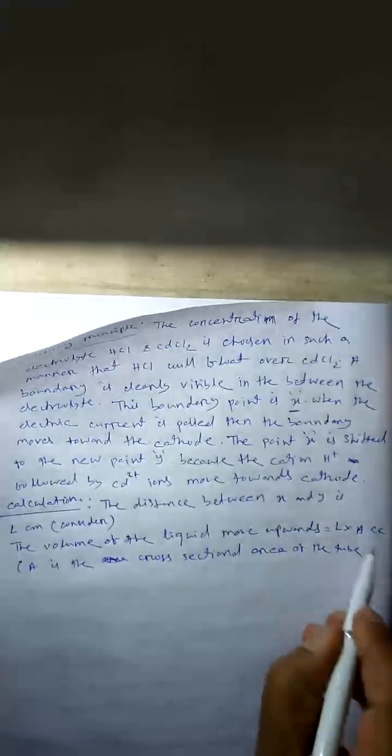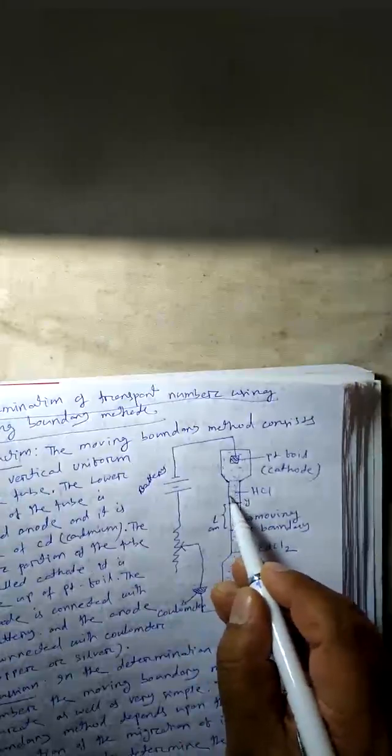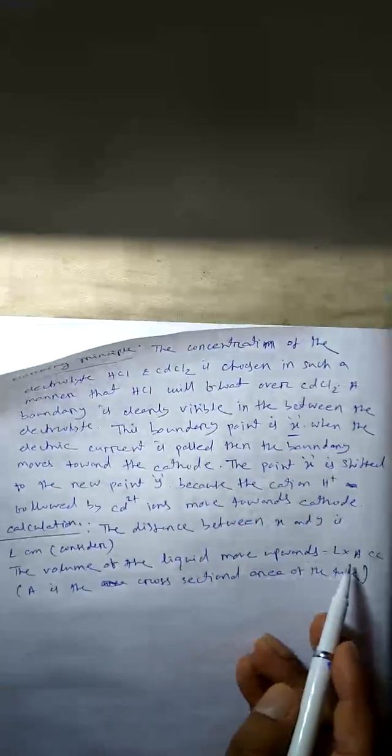That means whatever cross-sectional area, this area is A. This distance is L. When we multiply L into area, this is the volume of liquid that moves upward. Whatever liquid is present in between them moves upward. So A is the cross-sectional area of the tube, and the volume of the liquid moved upward is L into A.